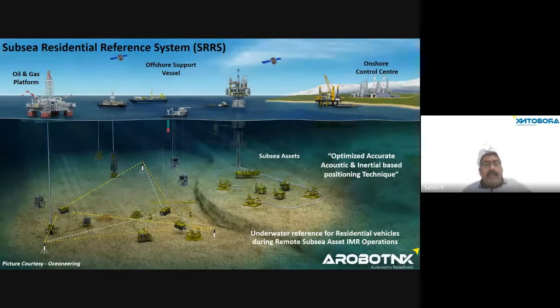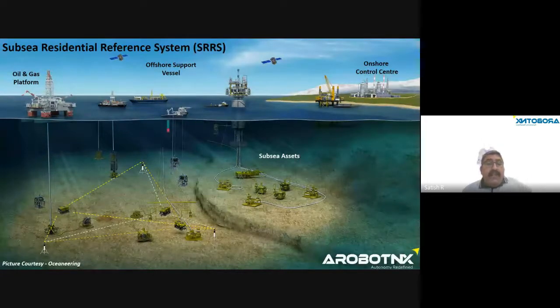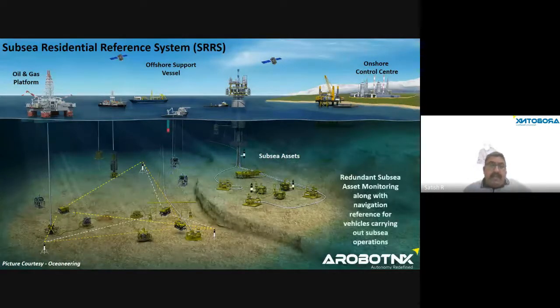You can carry out multi-vehicle operations, not at the same time, but with intermittent spacing in time. These references can be used by one vessel for one operation, and the same for another vessel on another operation. All this information passes through the surface transceiver, or the surface transceiver can be connected near your platform.